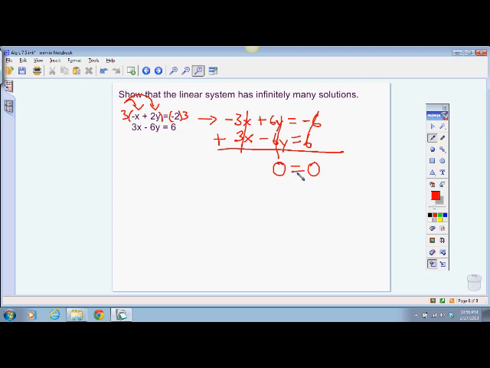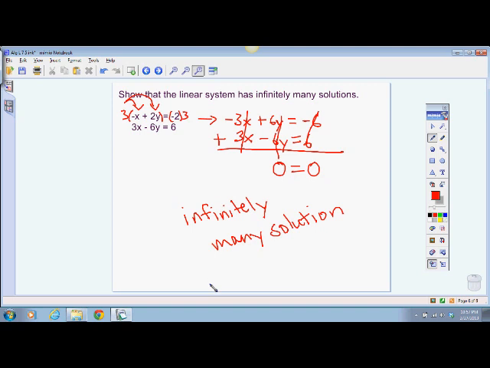Now, that's a true statement. 0 is always going to equal 0. So, in this case, if you were to use linear combinations, you could see that it has infinitely many solutions. Infinitely, because when we draw our lines like we did in the graph, they continue on forever in each direction.